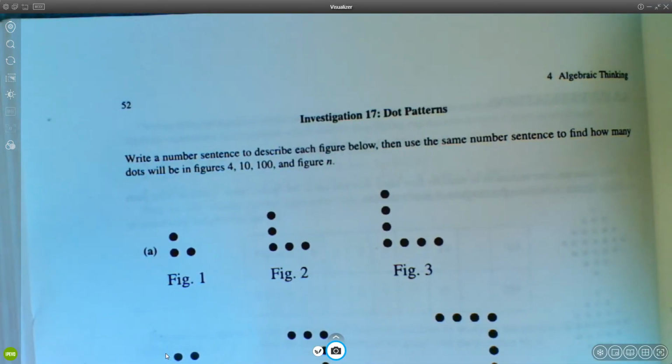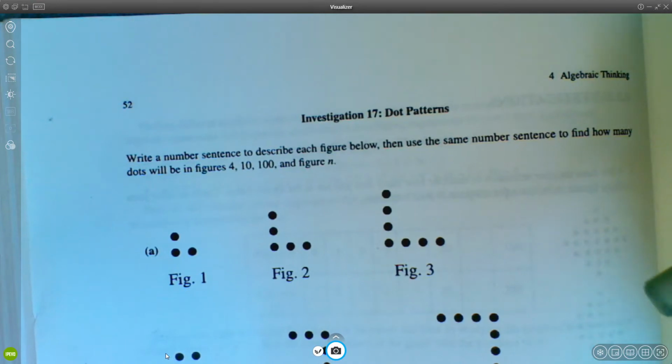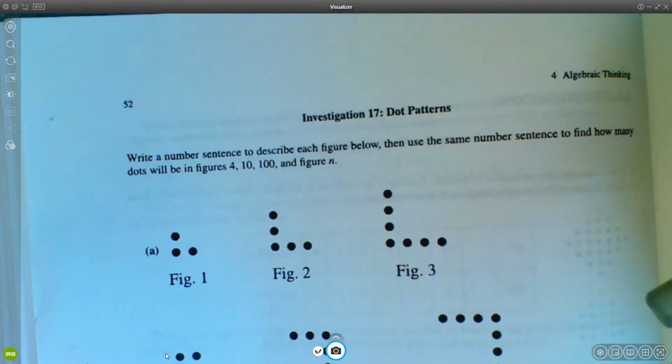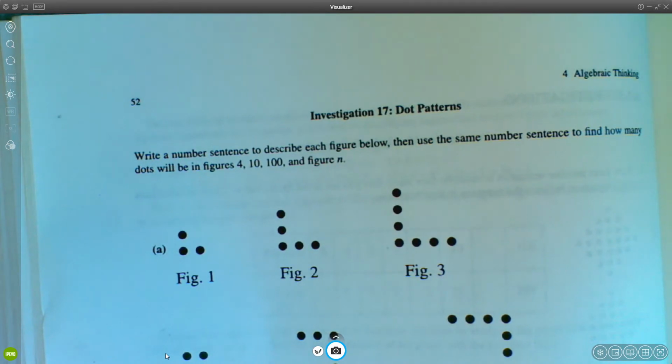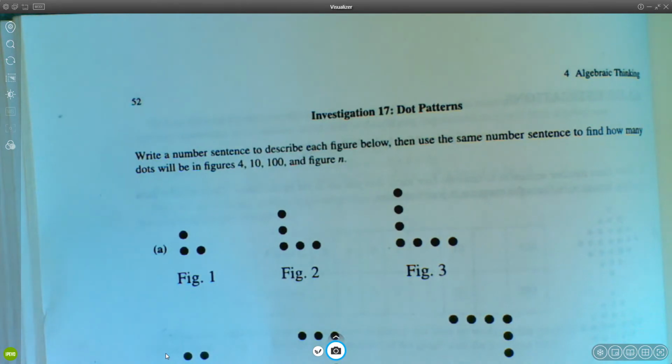But for figure 10, well, then you have to sit there for a while and count up a bunch of odd numbers, right? You have to say figure 1 is 3, and then 5, 7, 9, 11, 13, 15, 17, 19, 21. So in figure 10, you might guess 21 is the number of dots because you're just going based off of that pattern.